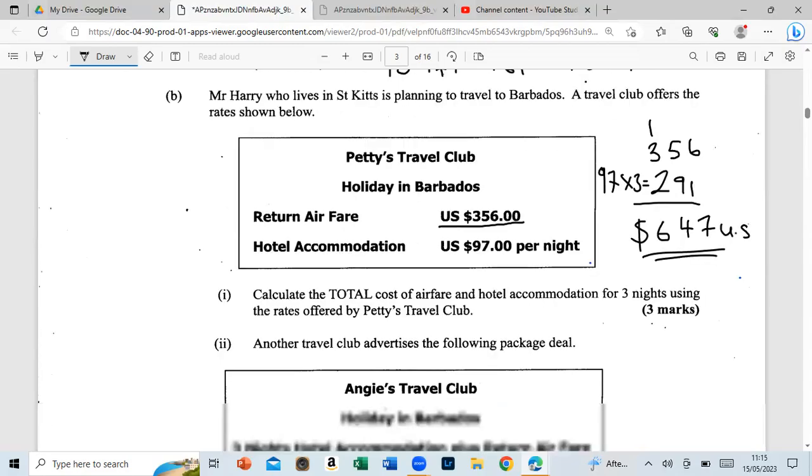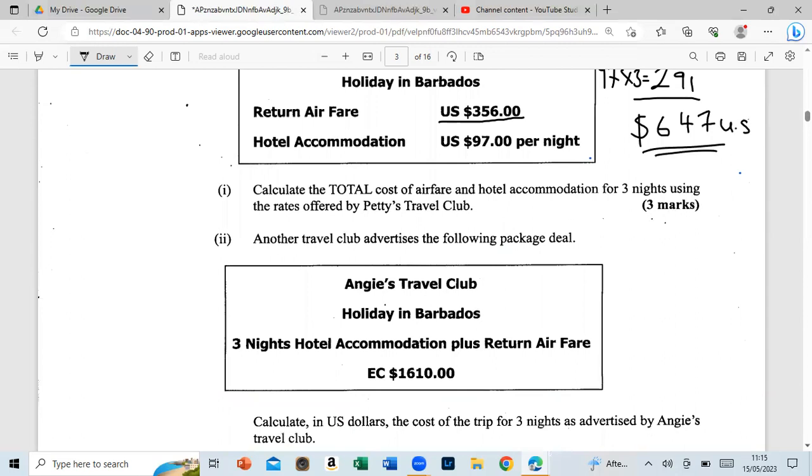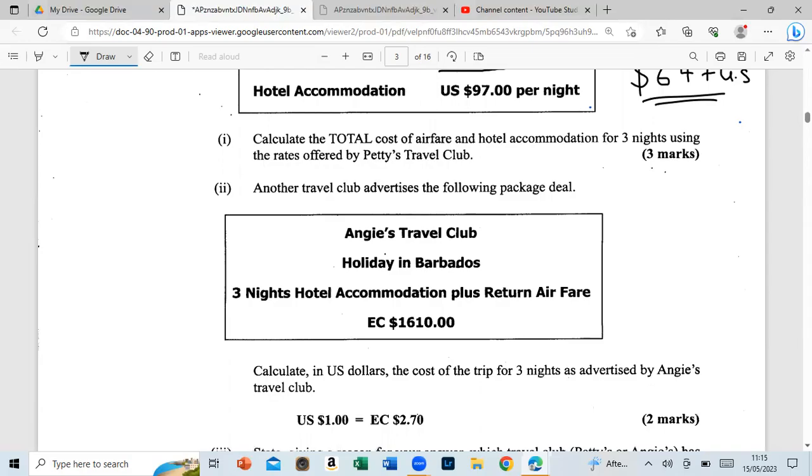They further went on to say, another travel club advertised the following package deal, which is Angie Travel Club, and it's 3 nights of hotel accommodation plus return airfare of Eastern Caribbean $1,610. So I'm going to give you the rate, and it says $1 US is equal to Eastern Caribbean $2.70.